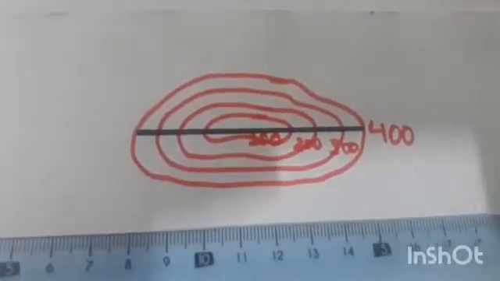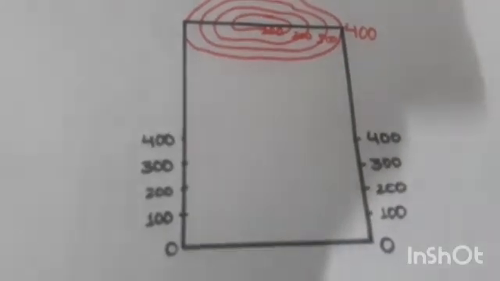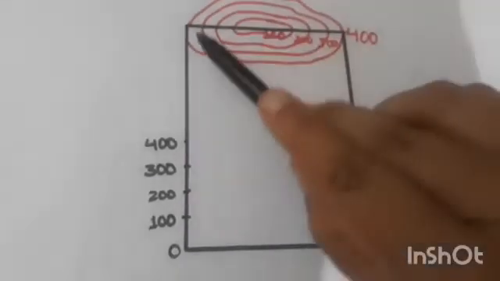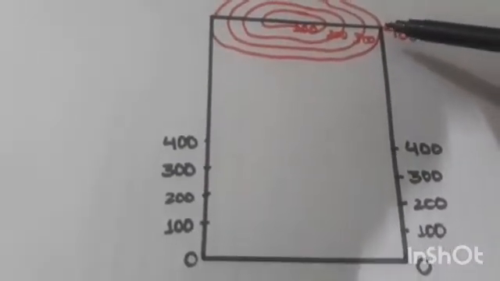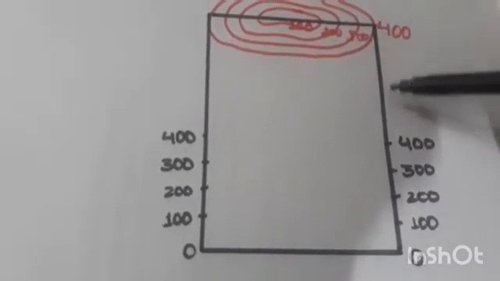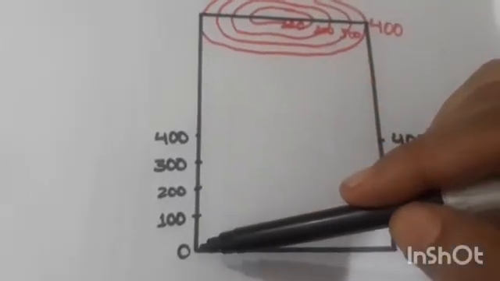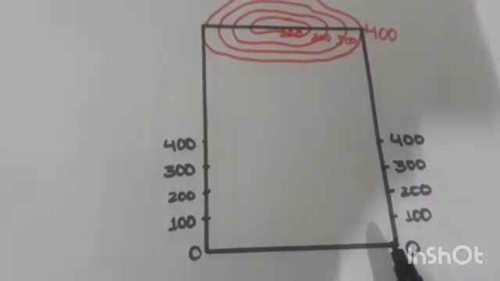Clear? Okay children, the next step: the horizontal line you have already marked. Now just make a line from this end to this end, this vertical line, and just close this figure like this.